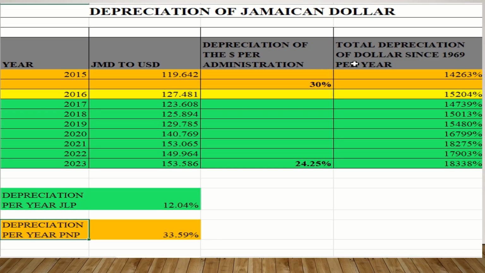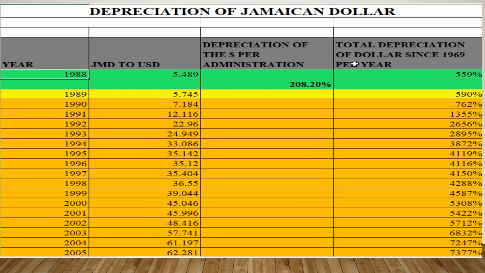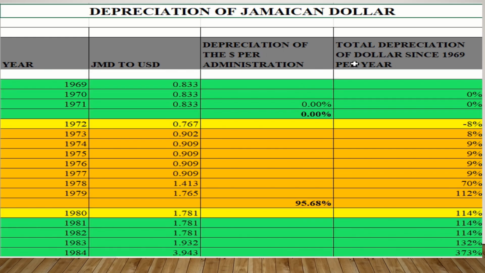Now let's take a look at the depreciation of the Jamaican dollar since our so-called independence in 1962. All right, taking a look at the headings. We have the year, the JMD, our Jamaican dollar to USD value, the depreciation of the dollar per administration, and the total depreciation of the dollar since 1969 per year.